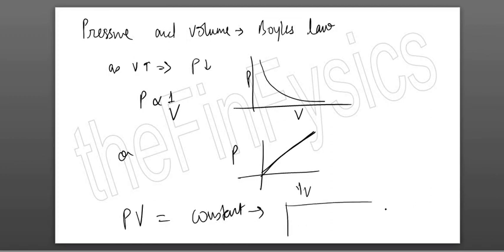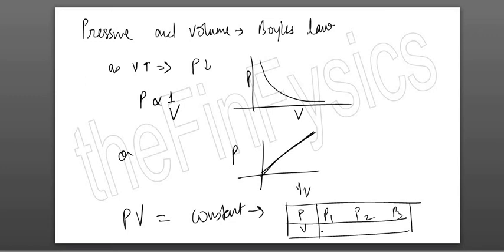Where do we use this? They will give you a table of pressure and volume, very similar to what we did for F and X. They will give you some values of pressure, P1, P2, P3, and some values of volume, V1, V2, V3, and they will tell you to check if this is obeying Boyle's law or not.